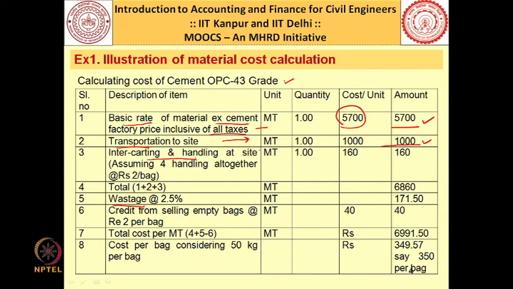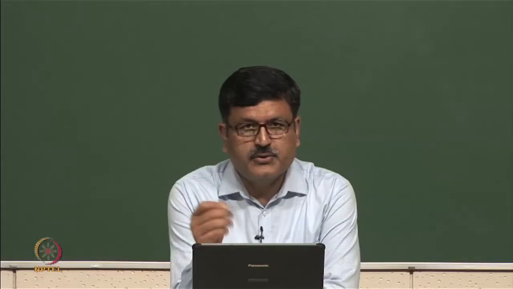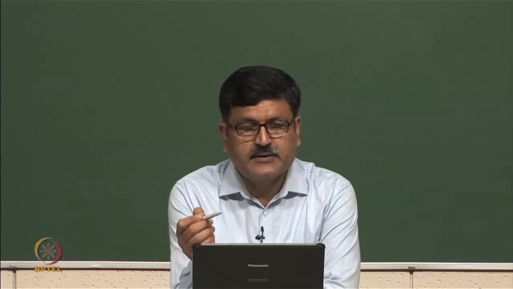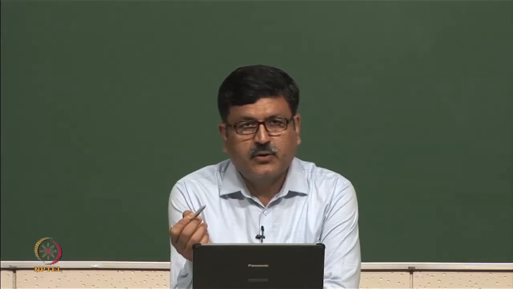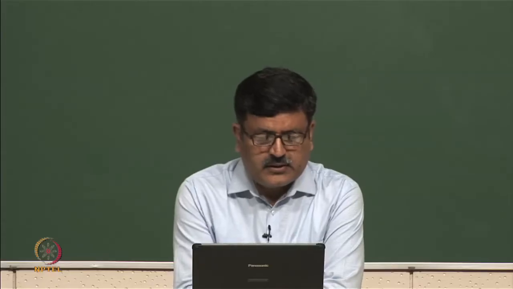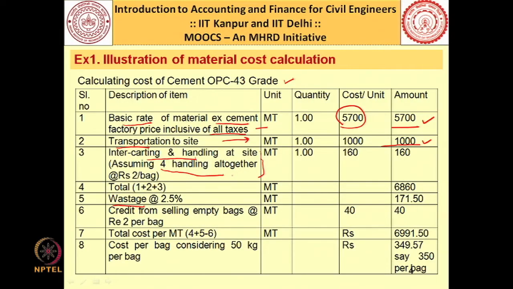Then I am further assuming that at the site, I will be roughly doing about 4 handlings altogether. So, when the material comes to the store, I will be unloading it. Then when the material goes to a particular site location, there it will get unloaded. So, in total, I am assuming that I will do 4 handlings and each handling, let us say, is costing me 2 rupees per bag.